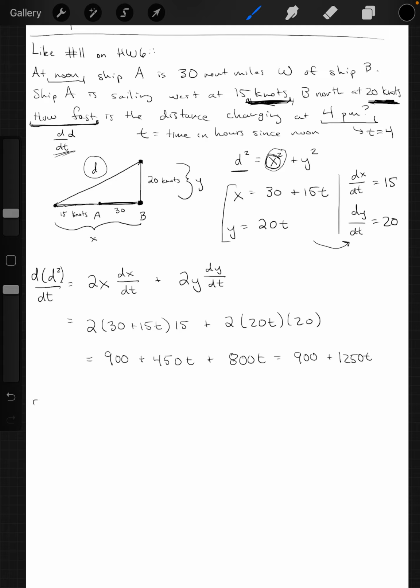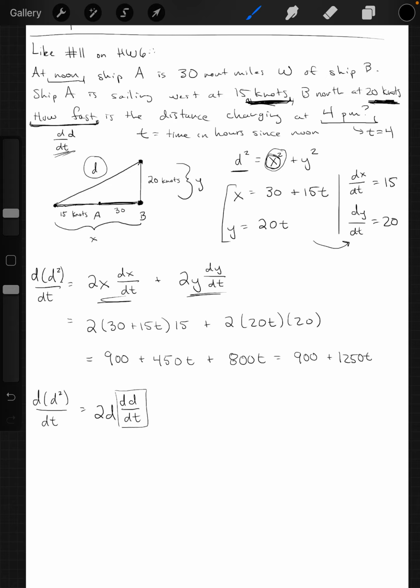Right? But we also know that d squared/dt, in the exact same way that this one and this one worked, right? That's going to be 2d, and that would be it if we were taking the derivative with respect to d. But since we're taking the derivative with respect to t, we have to take the derivative of the inside there.